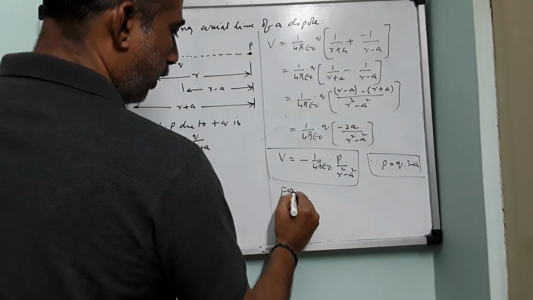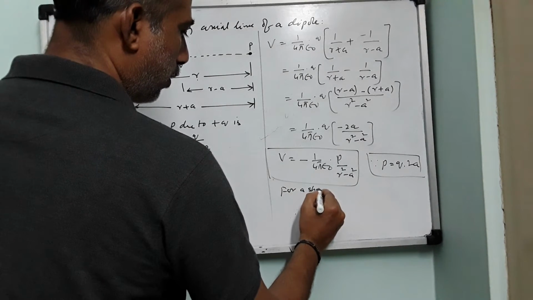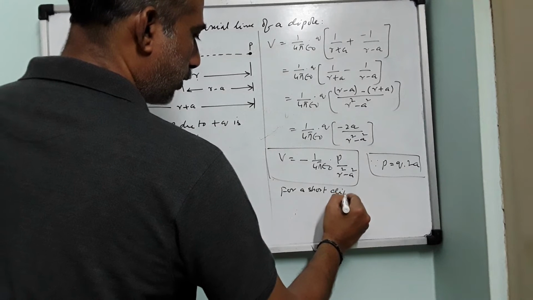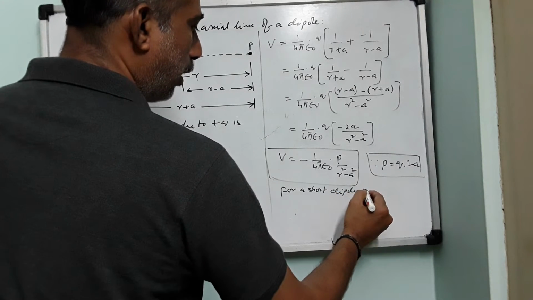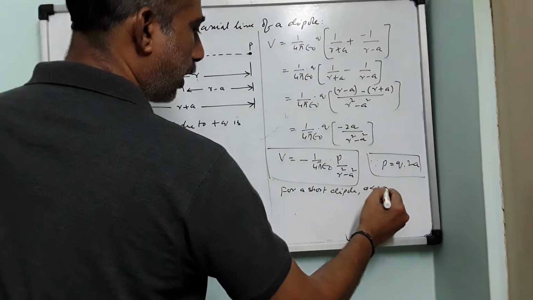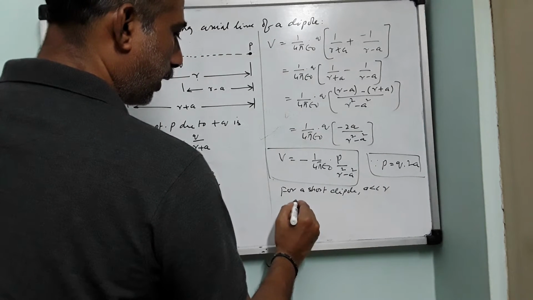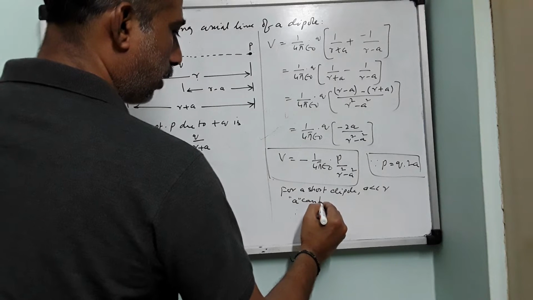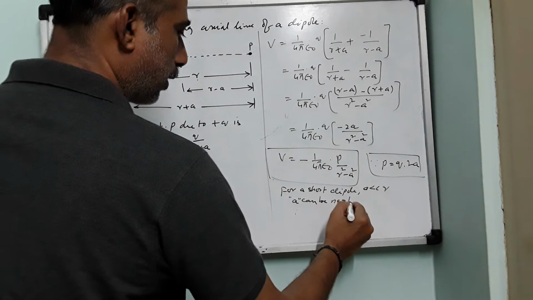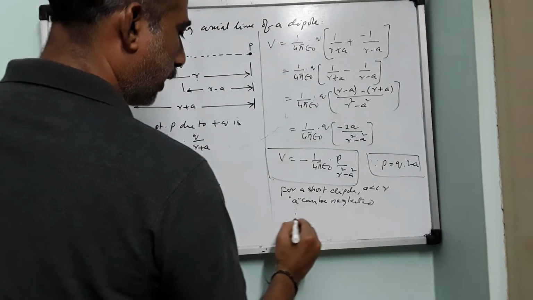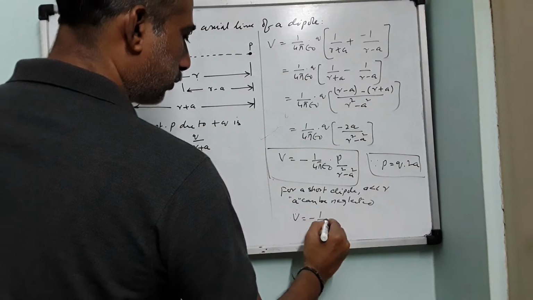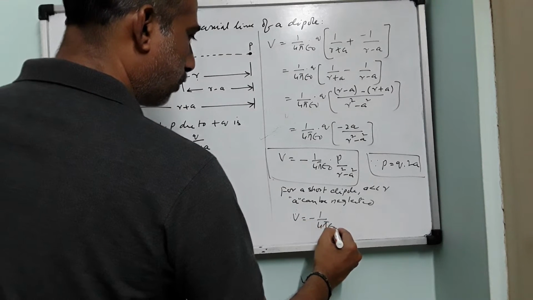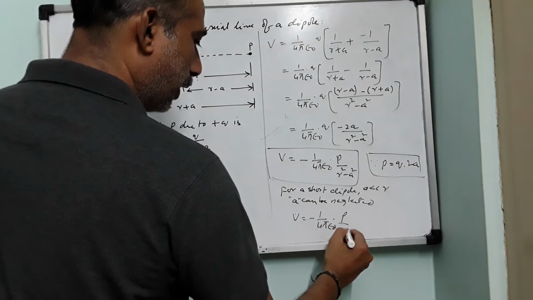So for a short dipole, a is very less than r, so a can be neglected, and you get V = −1/(4πε₀) × P/r².